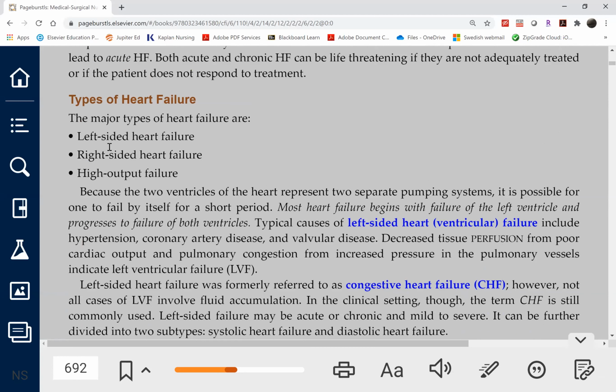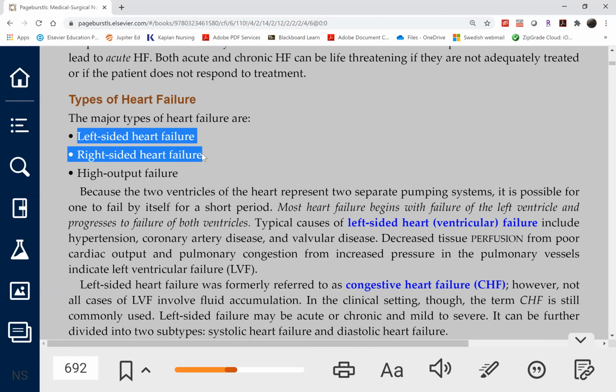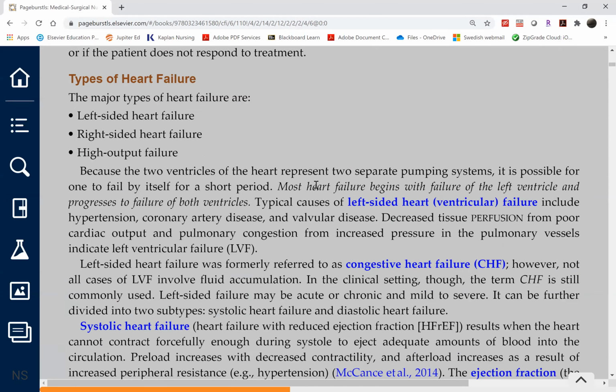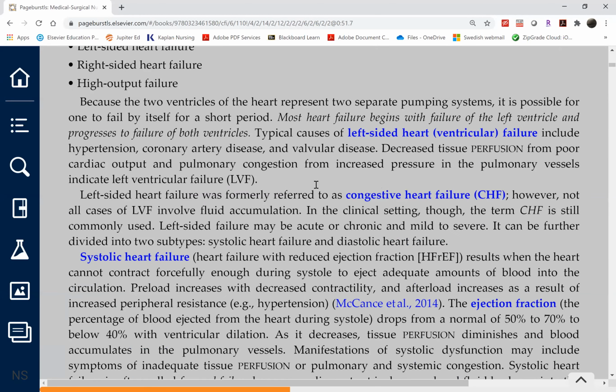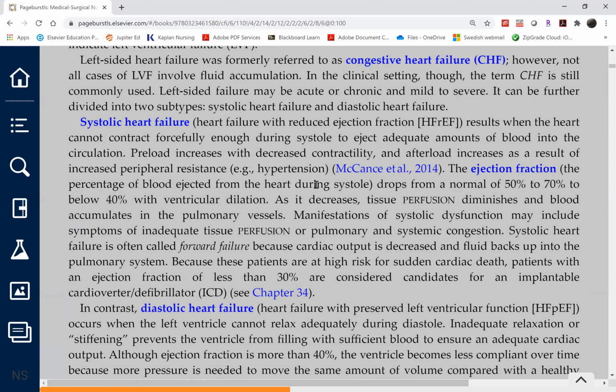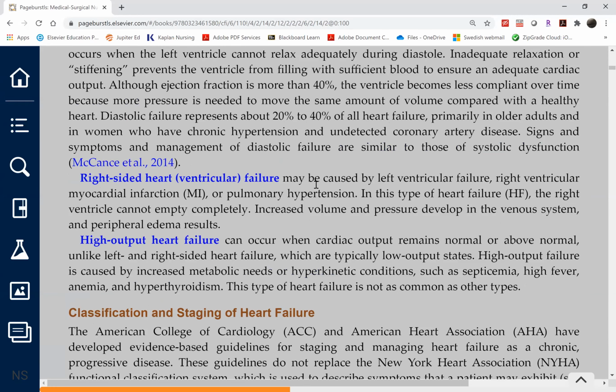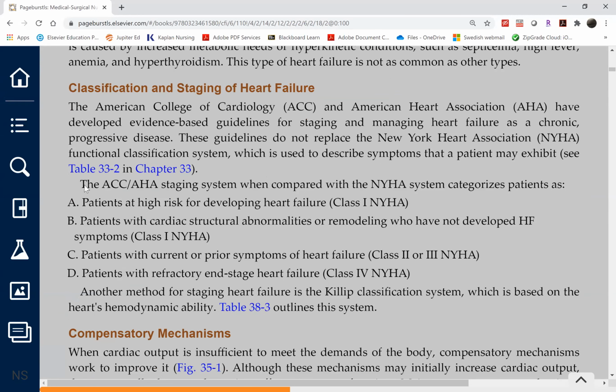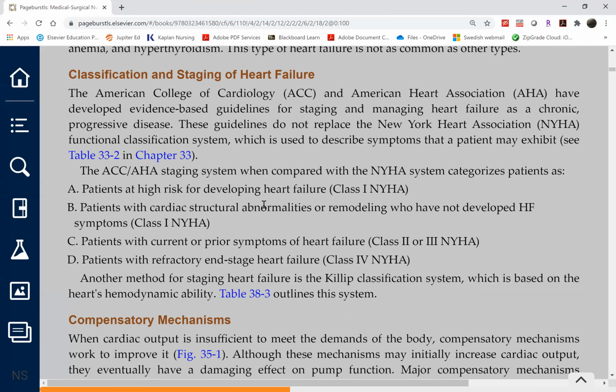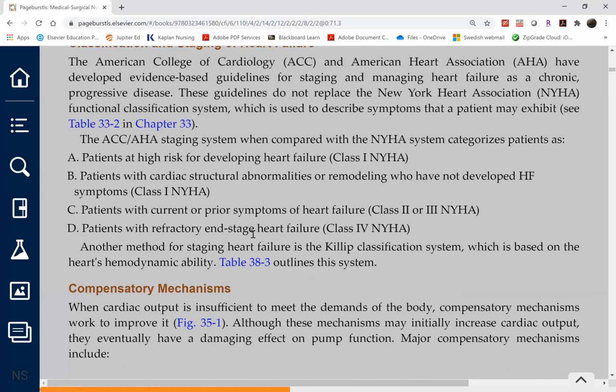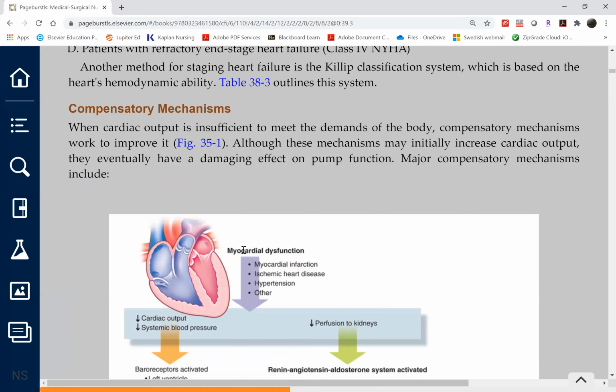There are three types, however we'll only test right and left side heart failure. To distinguish the two, it really helps if you know your anatomy and physiology. We already discussed the classification, so we already know class 1 to 4, so we'll skip that.